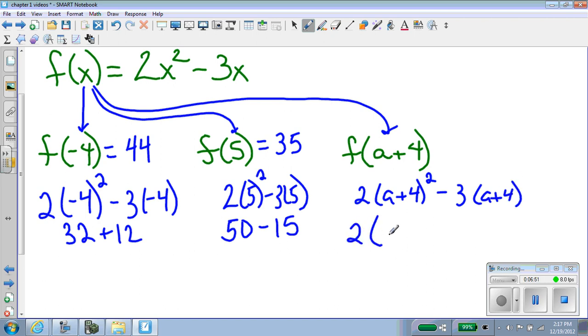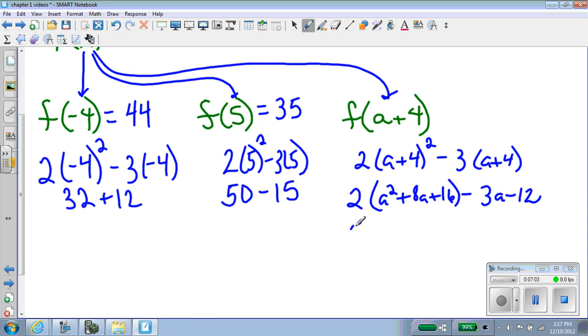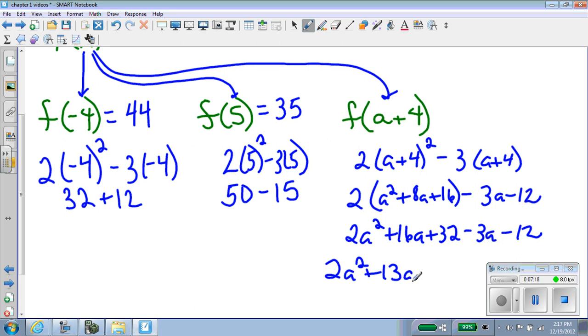So 2 times a squared plus 8a plus 16 minus 3a minus 12. 2a squared plus 16a plus 32 minus 3a minus 12. 2a squared plus 13a plus 20. That would be f of a plus 4.